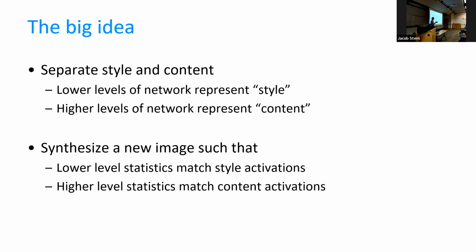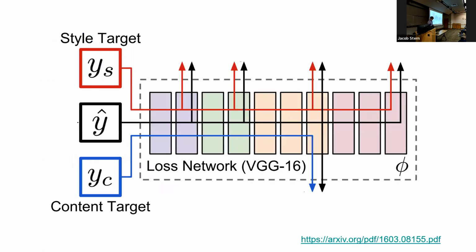And then we'll take our content image and run it through that same network. And in the later layers of that network, we will extract features representing the content of that image. And then we will create a new image to match the lower level coarse grain style features, as well as the higher level abstract content features. So this is the setup.